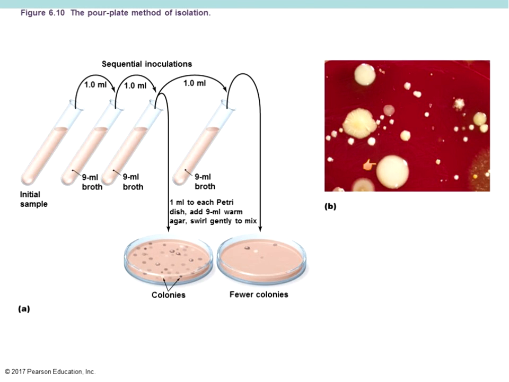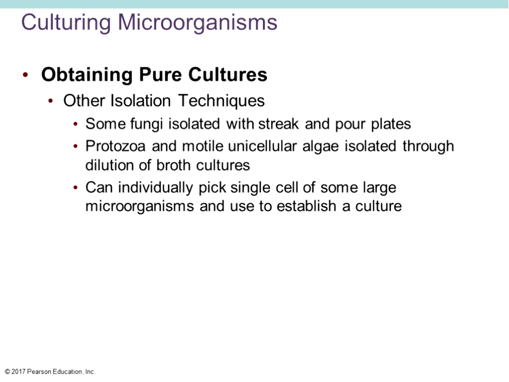So you want to pick colonies when you're doing your isolation that don't have other bacterial colonies growing very close by, so that you can lift it from that plate and put it on its own plate, so that on the next plate that you make, there'll only be that bacteria growing there. So it's going to be much easier to pull a colony from this plate aseptically than it will be for this one. So serial dilutions can help with that.